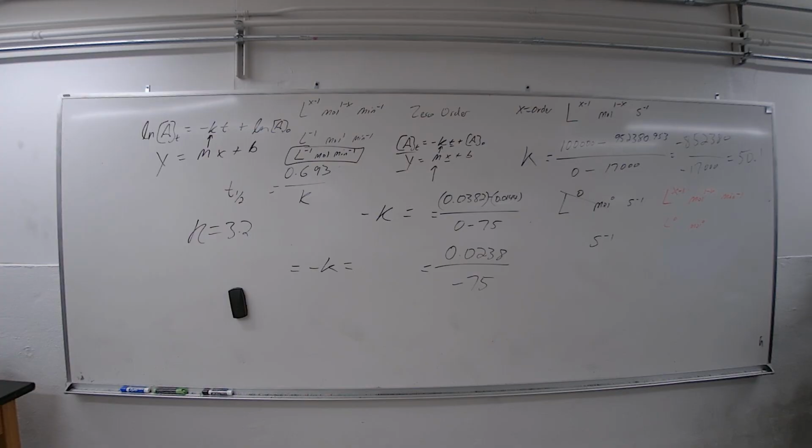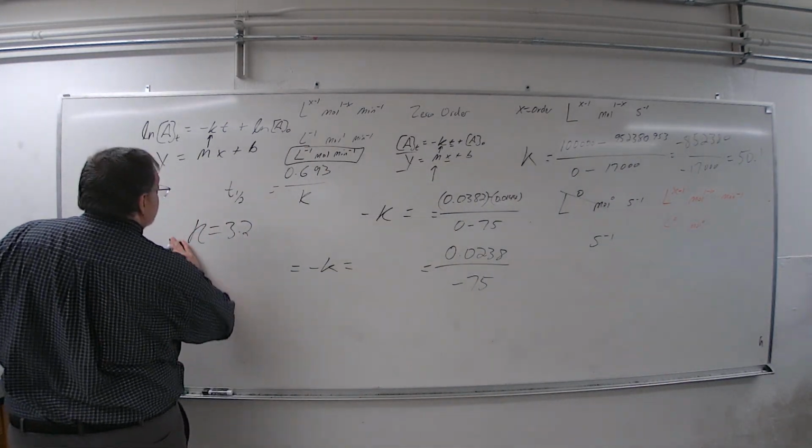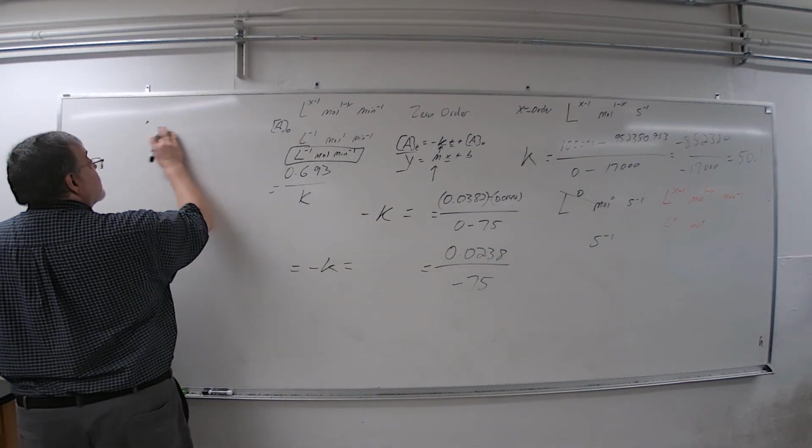Zero order negative 1. All right, so the half-life for this last one. The k we got was 3.2. And the formula for the half-life for zero order.